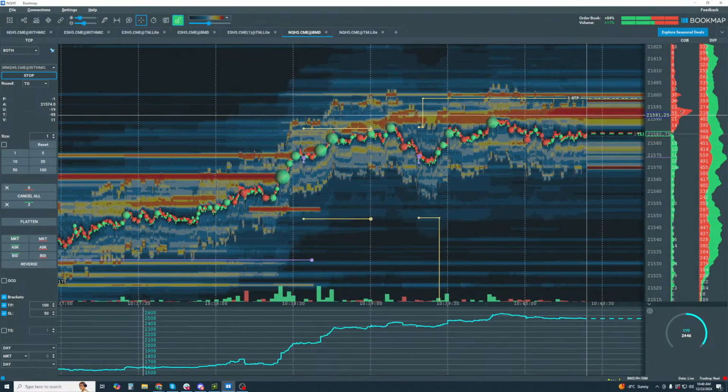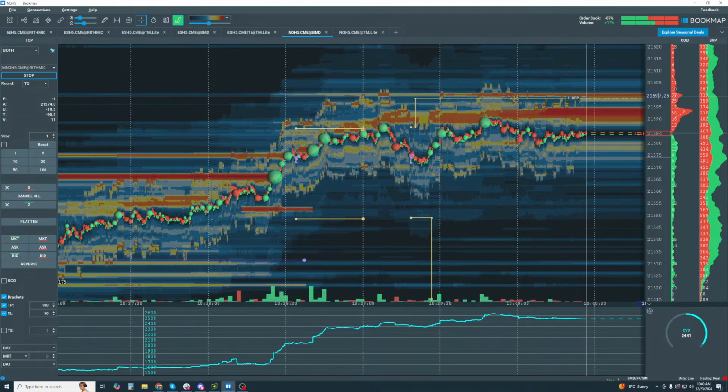Still heavy supply up here, and it looks like it wants to go to 600.